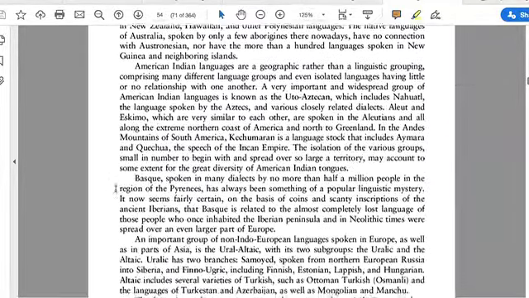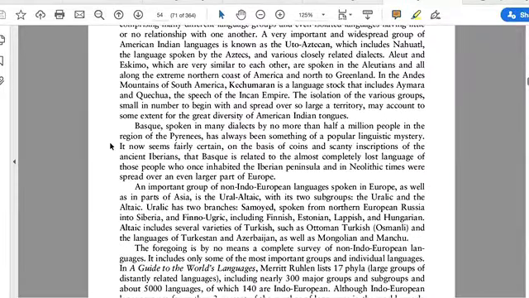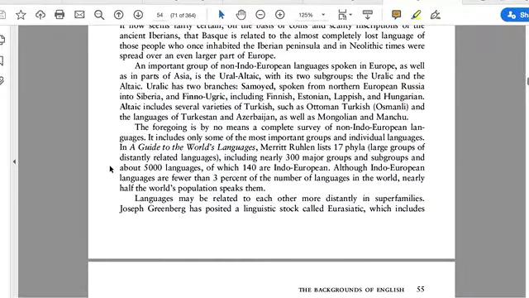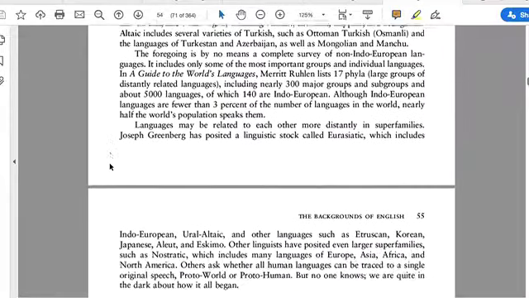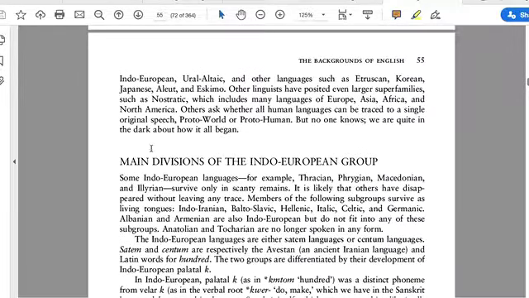All right, so it goes on to talk about other non-Indo-European languages, including American Indian languages, which I find pretty interesting. Basque, which is based now mostly in Spain, but in the region of the Pyrenees Mountains. And then Uralic languages.